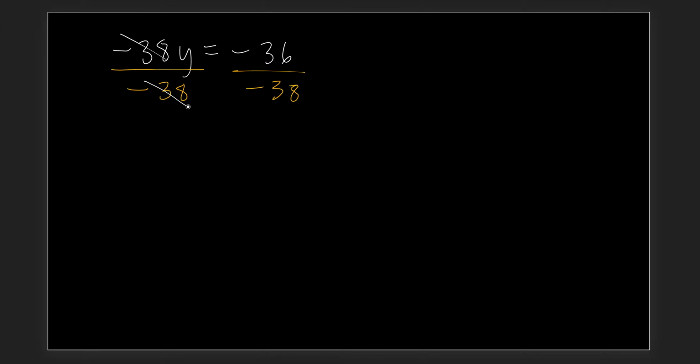So these cancel, and y is by itself. And negative divided by negative is a positive. So I've got to reduce 36 over 38. I know that they're both divisible by 2, so let me see. This will be 18. This will be 19. And that's it.